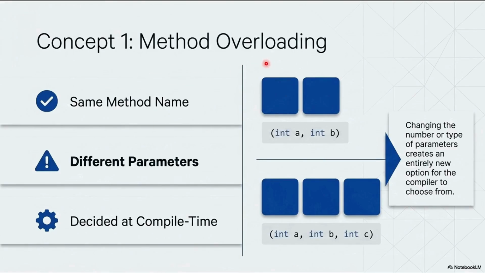If you talk about the rule, they will have the same method name, but a different set of parameters. Over here we have 2 parameters, and over here there are 3 parameters. Changing the number or type of parameters creates an entirely new option for the compiler to choose from. So either the number of parameters should be different or the data type should be different. That's method overloading.